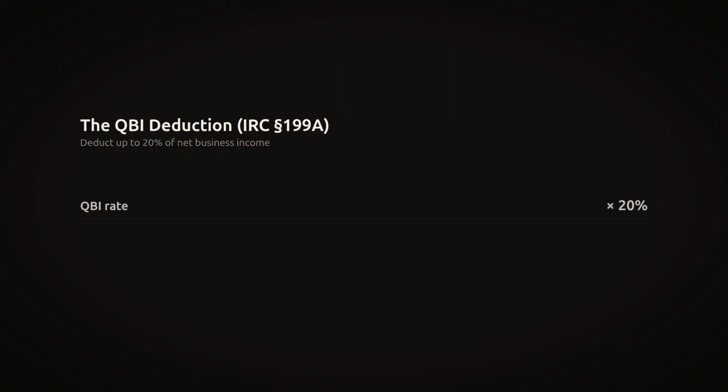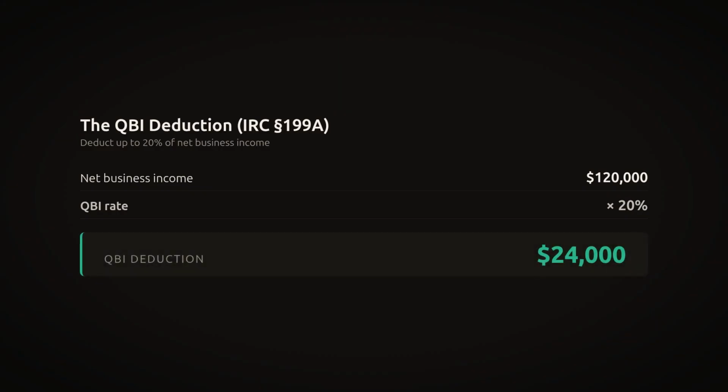For a freelancer with $120,000 of net profit in an eligible trade or business, the QBI deduction can be as much as $24,000, reducing taxable income by a meaningful amount. This deduction is calculated on your Schedule C net profit and phased out above certain income levels. Your P&L is the starting point for every QBI calculation.